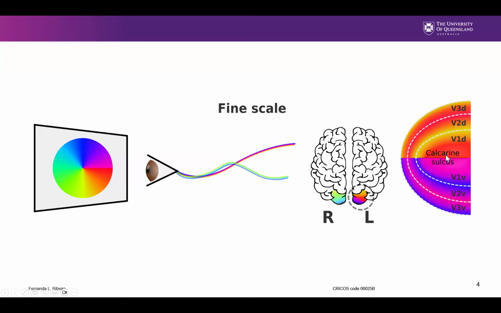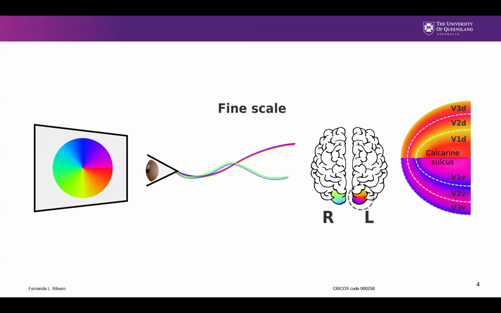And as we move across dorsal V1 all the way to dorsal V2, we see that these angles decrease in value to 270 degrees. And then when we move across dorsal V2 to dorsal V3, we see that these angles now start to increase to 360 degrees. And once we are in dorsal V3 and move across dorsal V3 to the border of dorsal V3 with higher order visual areas, we see that these angles decrease once again.